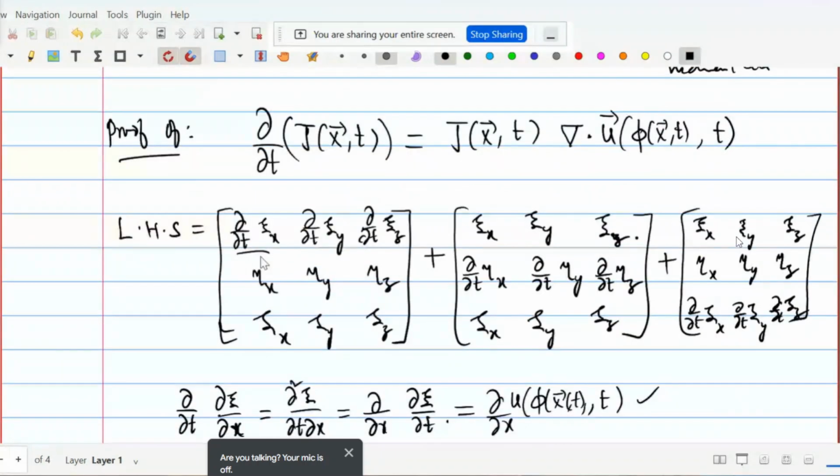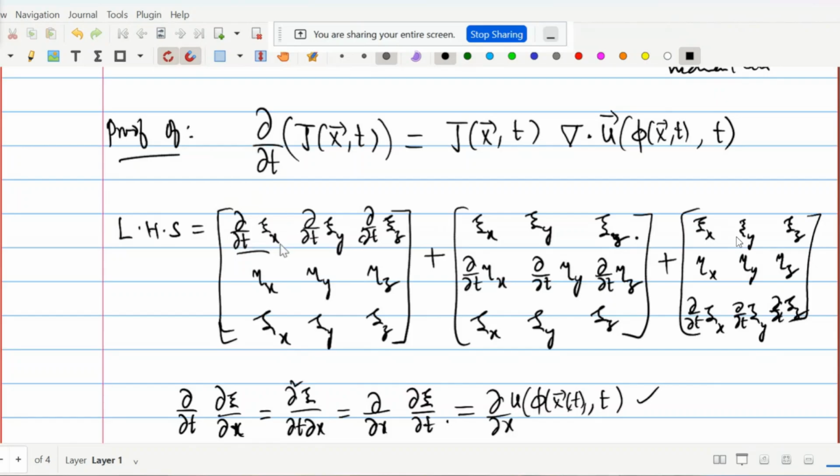This Jacobian, on the left hand side, the derivative you take inside. You know that J means the determinant of the derivatives of ξ, η, ζ with respect to x, y, z. Here x of t is nothing but p of fixed x comma t, which you are also calling ξ, η, ζ, three variables.